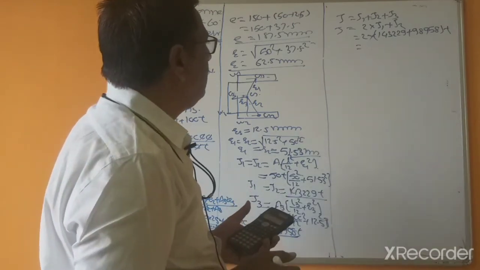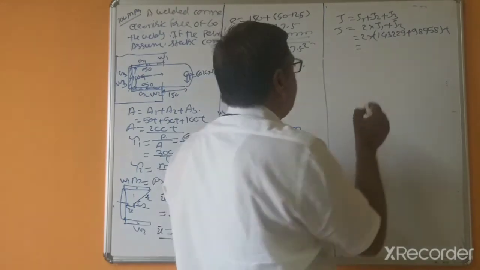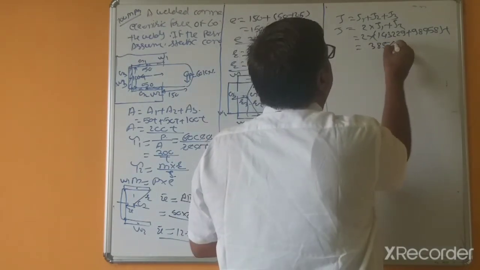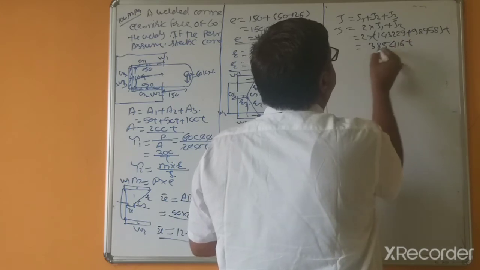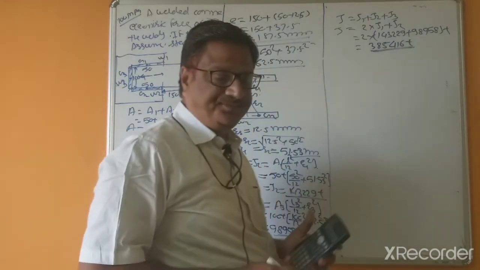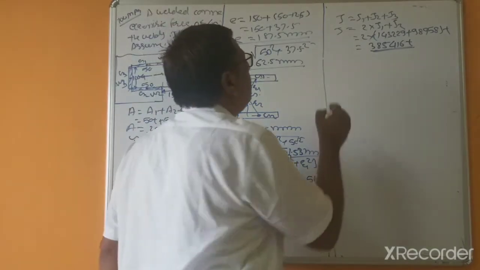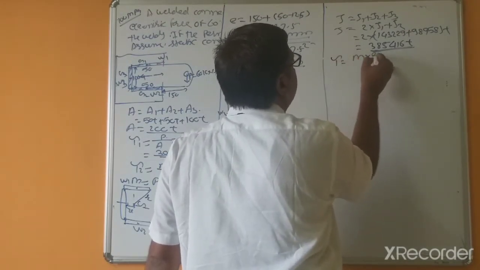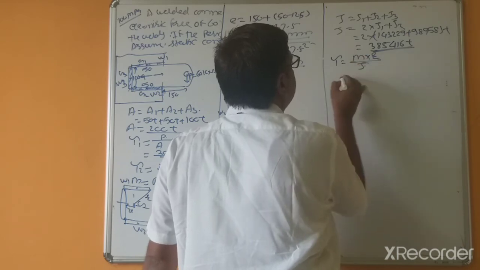Now this is equal to 385,416 T. Right? Now tau 2 equal to M into r divided by J.